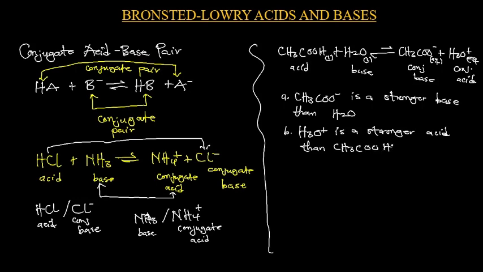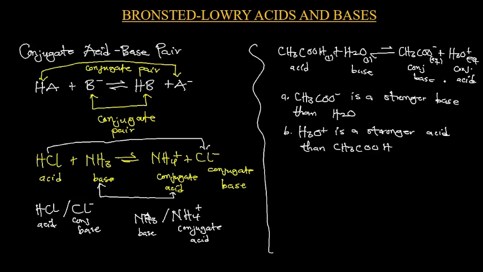This also means that H3O plus has the capability of donating a proton faster than CH3COOH. The one who gives out the proton more easily becomes a stronger acid, because we know that a Bronsted-Lowry acid is a proton donor.